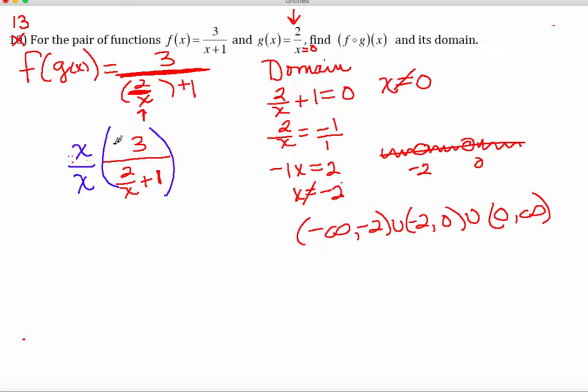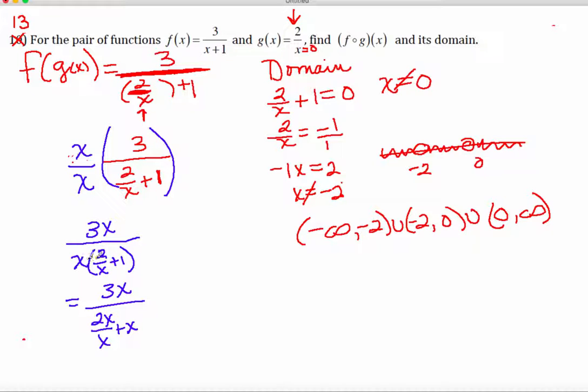So I'm going to distribute now and multiply straight across, and I get x times 3, which is 3x, and on the bottom I'm going to end up with x times 2 over x plus 1. I haven't distributed yet, but I'm going to distribute now, and I get 3x over 2x over x plus x.